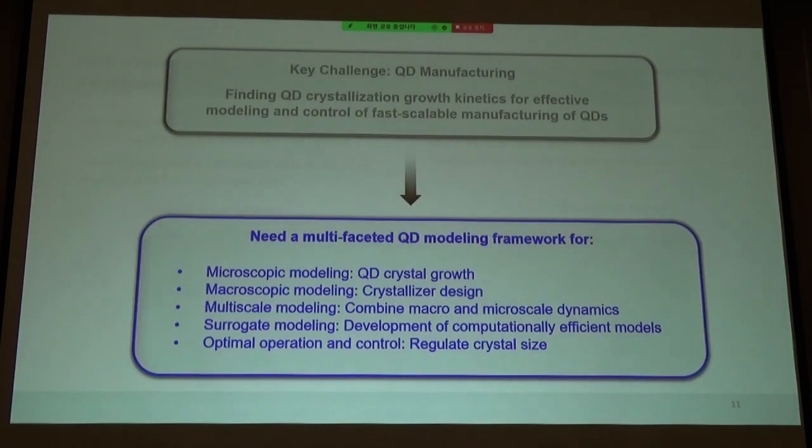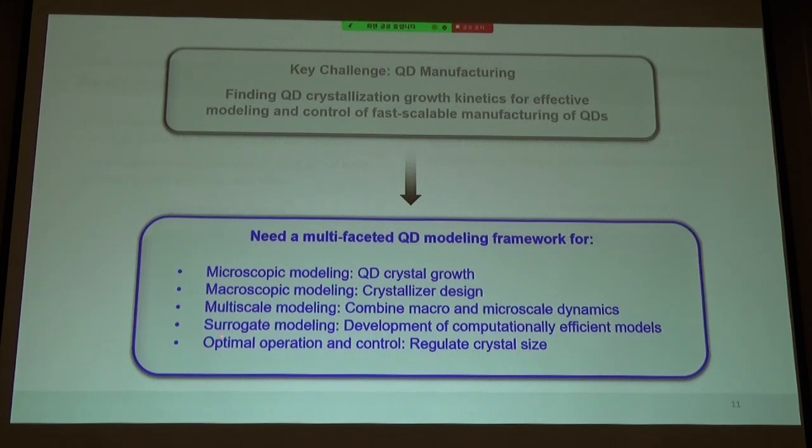So in order to address this challenge, I took the following 5 steps, and I called it a multifaceted QD modeling framework. It will primarily consist of the microscopic models, which focus on describing the QD crystal growth, and the macroscopic modeling, which is more at the reactor scale or crystallizer level. And the multi-scale model will combine these two to better describe the interactions between these two different scales.